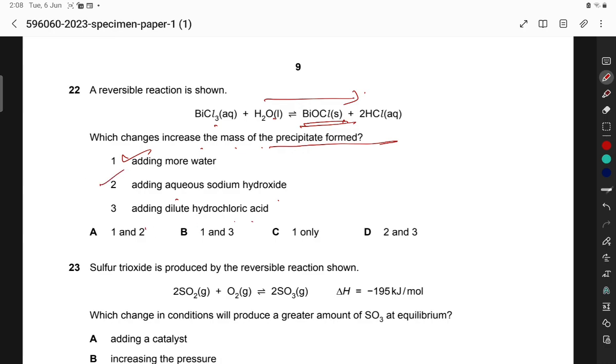Adding dilute HCl. No, dilute HCl dissolves the precipitate. So when we add HCl, reaction will shift backward. So 1 and 2 is correct.